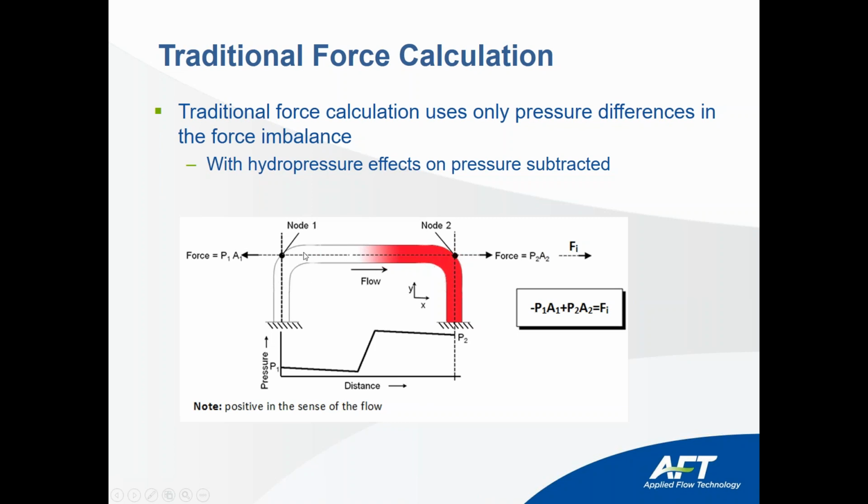So until this pressure is balanced, which happens when this high pressure reaches node 1, we have an unbalanced force that is calculated as the pressure 2, which is the pressure of the wave, times the area, and it's positive since it goes in the sense of the flow, minus the pressure 1, which would be the static pressure times the area, is equal to the unbalanced force.